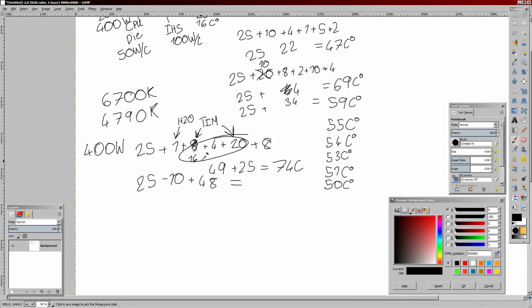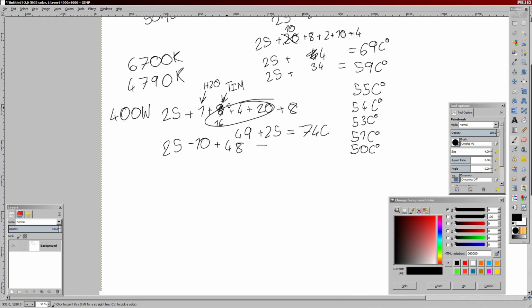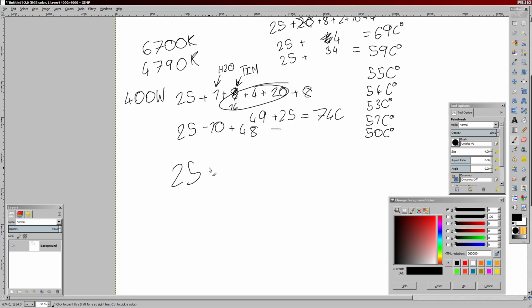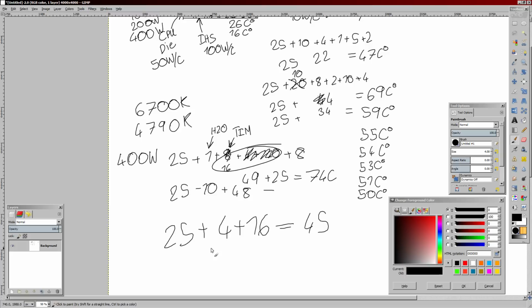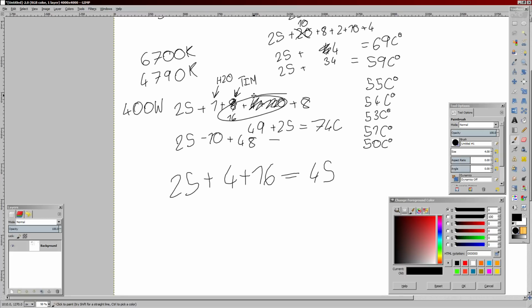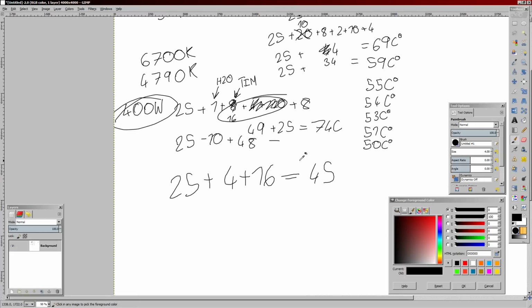Actually, I can't throw out all the thermal paste. One of the thermal pastes has to stay, but you could do 25 plus 4 plus 16, and then this 4 plus 20 could be gone because you remove the IHS and the thermal paste under the IHS and run direct die. Well, you end up with 25 plus 4 plus 16, which is suddenly just 45 degrees, which is bloody great. Those are incredible temperatures, especially for 400 watts heat dissipation.